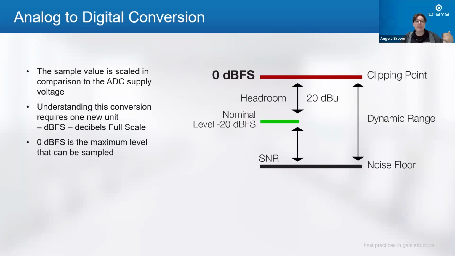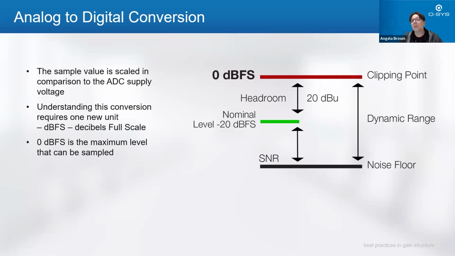So dBu and dBV are analog voltage measurements where dBFS is a digital amplitude measurement. So basically the difference between analog and digital here. dBu is referenced to 0.775 volts, dBV to 1 volt, and dBFS is actually referenced to the maximum digital signal level the device can do.